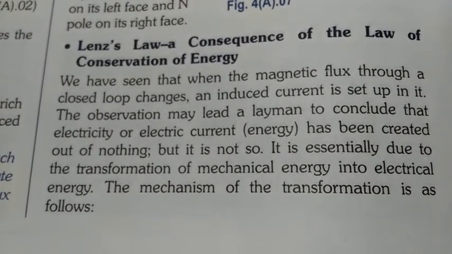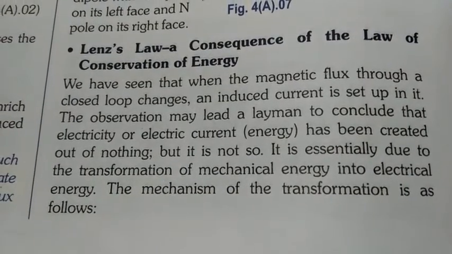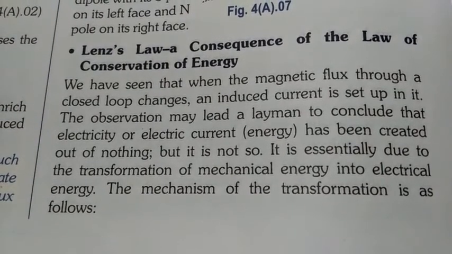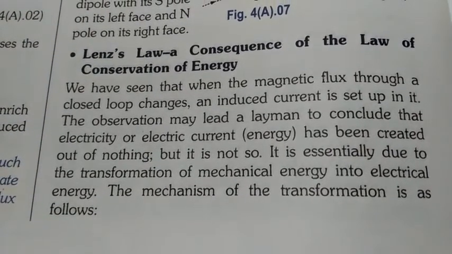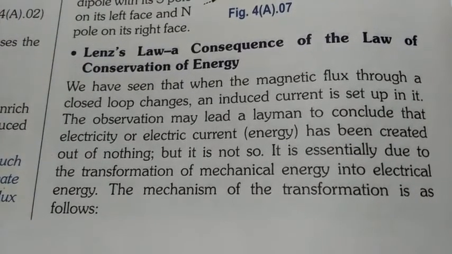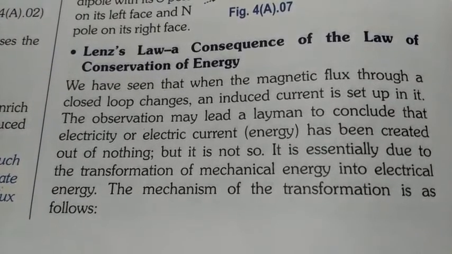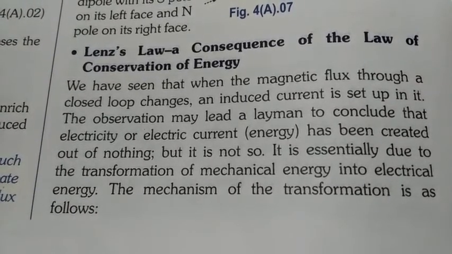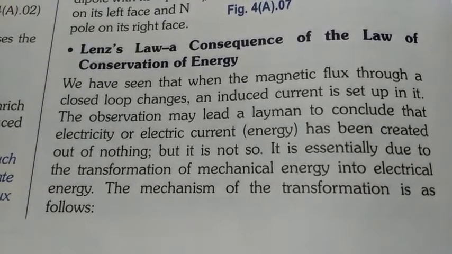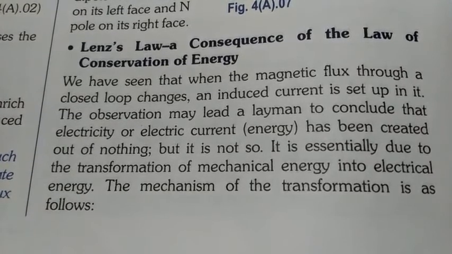When we were discussing electromagnetic induction, what we were feeling was that the electric field automatically comes there. The cause is change in magnetic flux, but it seems created out of nothing, which it is not. It is essentially due to the transformation of mechanical energy into electrical energy. When we are moving the magnet, mechanical energy is being converted into electrical energy.